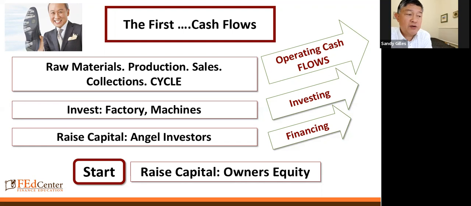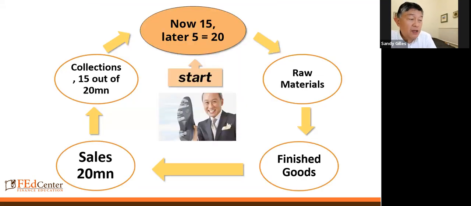And with that money, you invest in factory and machines, and then you also start buying raw materials, start producing the product, selling, and then collecting. That's part of the cash cycle, which is part of operating cash flows. So you start with your 5 million, you buy raw materials, and then you make finished goods.